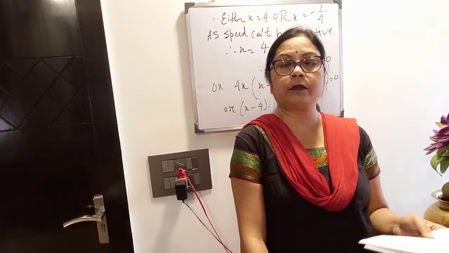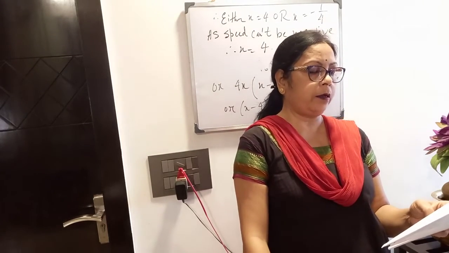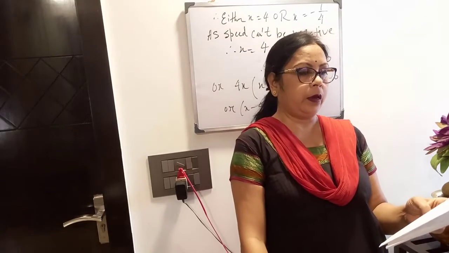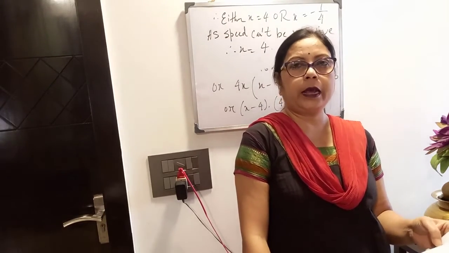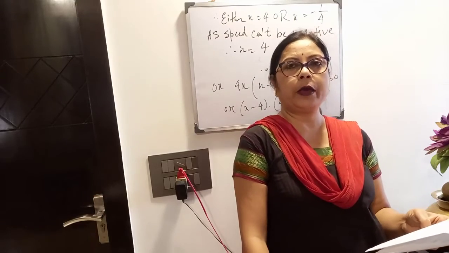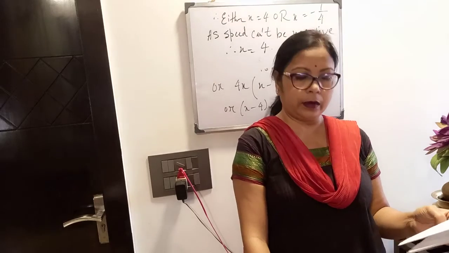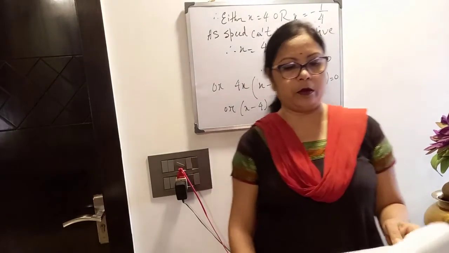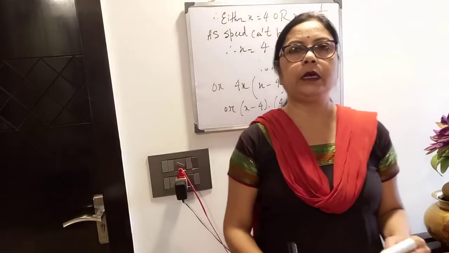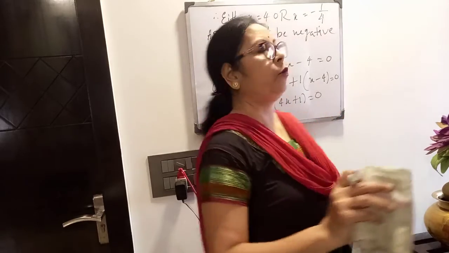Then if the price is reduced by rupees 6, that means if the price becomes x minus 6, then what will be your number of pens? 30 by x minus 6 dozen. Clear? And then you will get 3 more pens. 3 more pens means you have to convert this into dozen. That means 3 by 12.